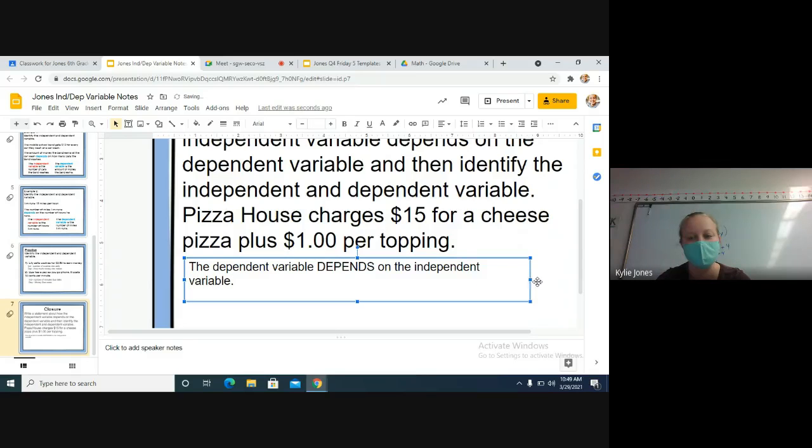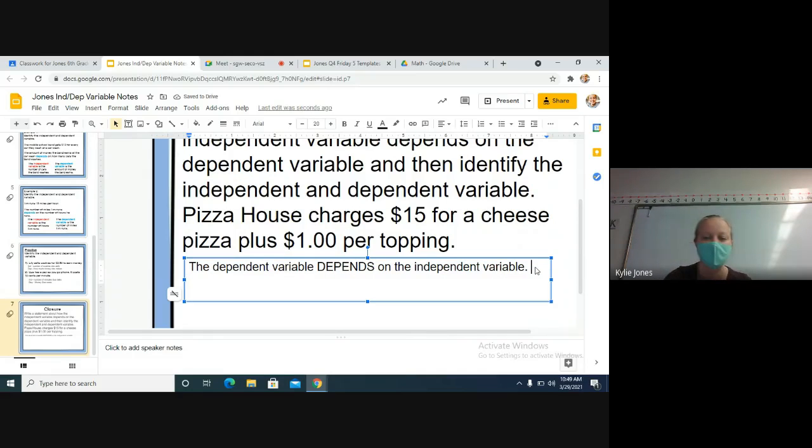Okay, so the dependent variable will always depend on the independent one, because you can change the independent variable however much you want it. You can change it to -5, 22, 1.5, whatever number you want to put in, whatever equation they give you, you can change it. And whatever the equation spits out is the dependent variable.